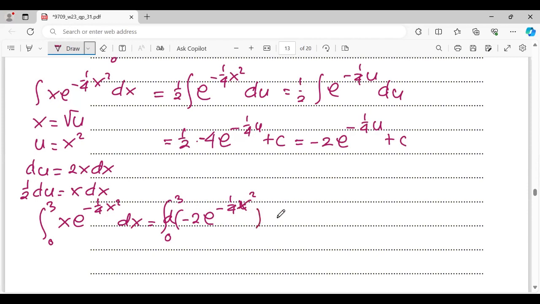Okay. So it becomes minus 2 times e power minus a quarter times 3 squared, minus e power minus a quarter times 0 squared.